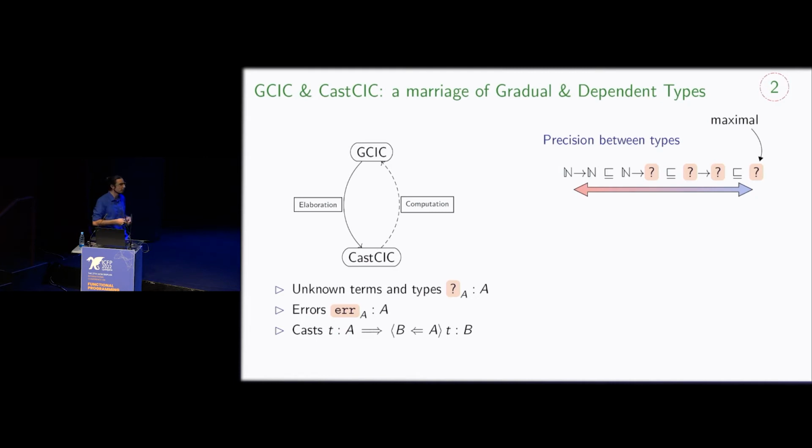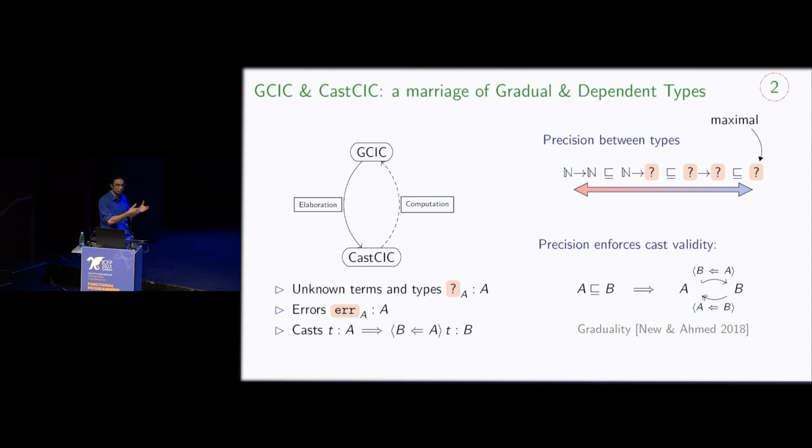Precision between types controls casts by enforcing that casts are valid in the following sense: if A is more precise than B, then casting from A to B is an injection, and it has a retraction, which is a cast from B to A. And the fact that we can interpret the notion of precision as such an embedding-projection pair will be the fundamental semantic criterion to build all our language.